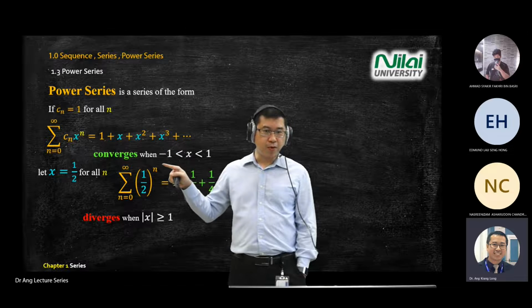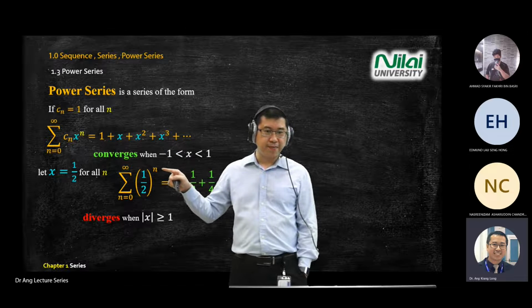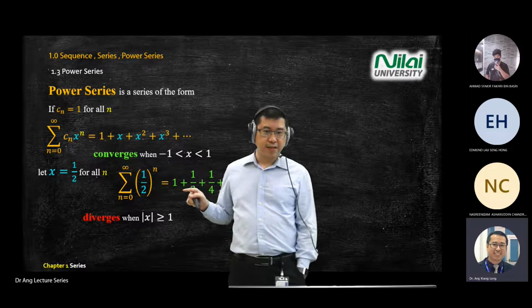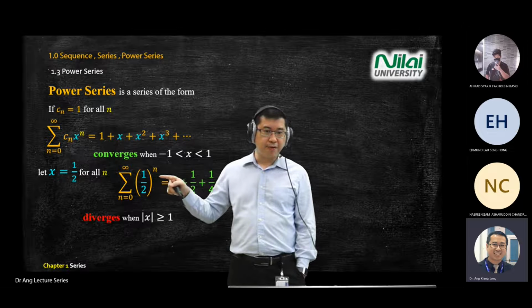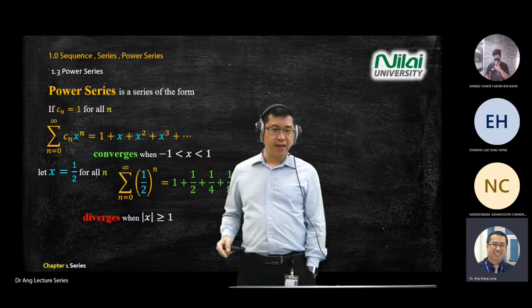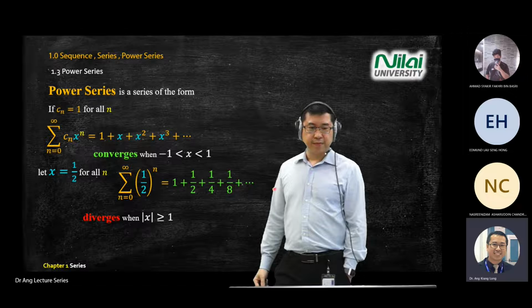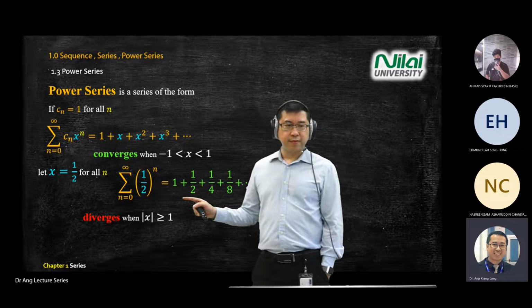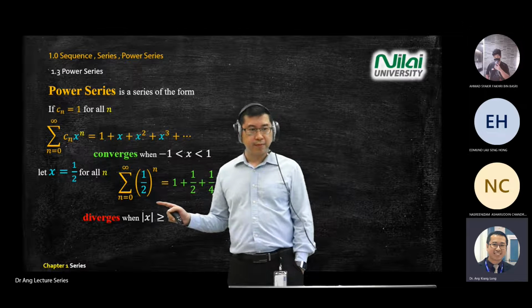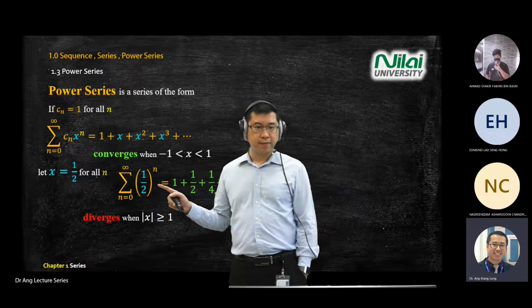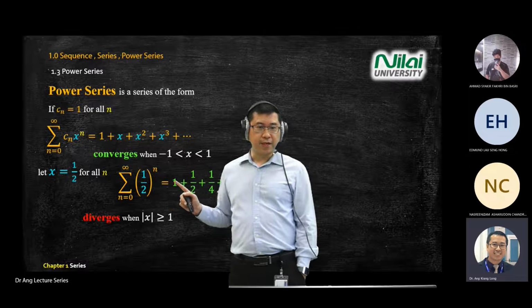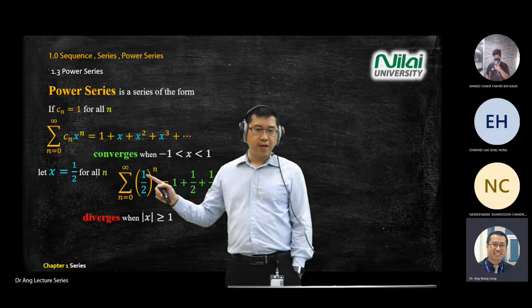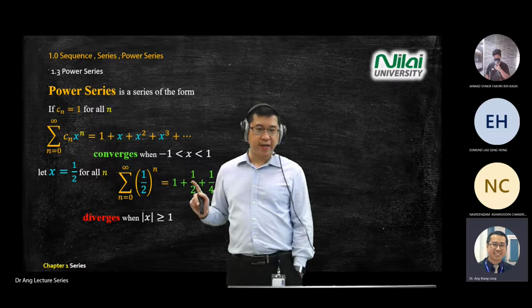Your n must equal to what? Half power what equals 1? n must be the first number, 0. Yeah, correct, 0. So half power 0, you get 1.